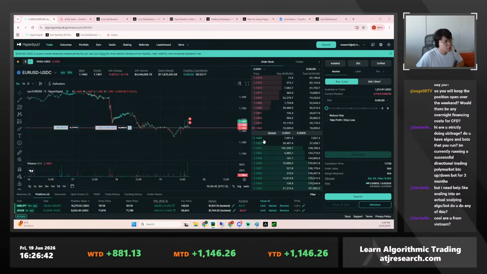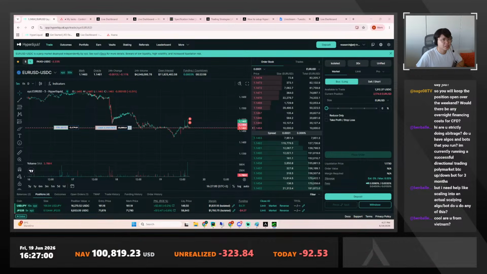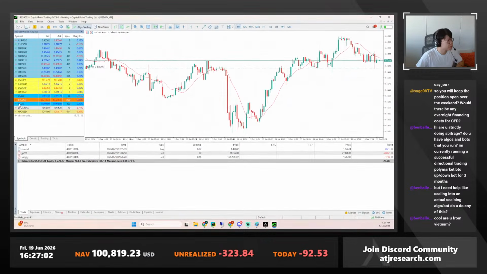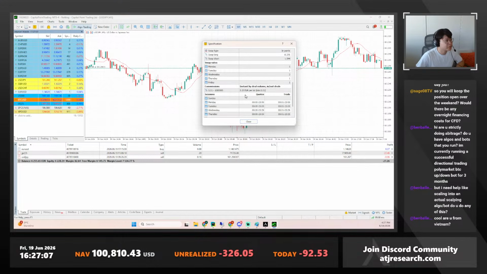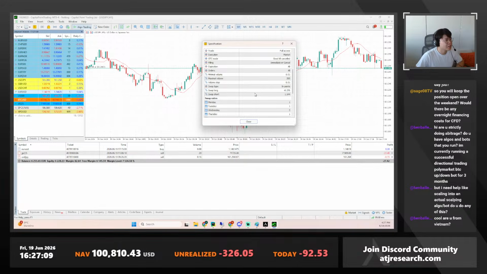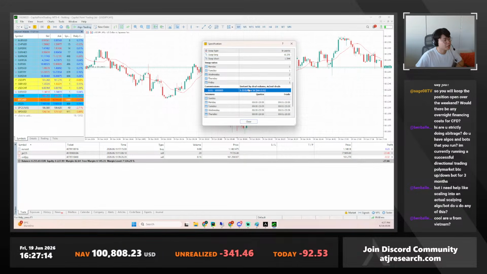You can only quote up to 3 decimal places, which is fine because the commission at IC Markets is how much? $7 per contract. If you look at EURUSD at IC Markets in the specifications here, you see that it's $7 per lot.